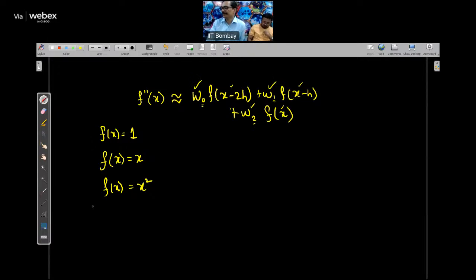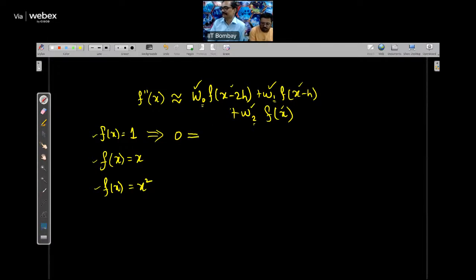Therefore, you need 3 equations that you will generate from these 3 cases. Assuming f is just a constant polynomial gives you 1 equation. Say, for instance, on the left-hand side it is 0. The method of undetermined coefficients says that when f is a polynomial of degree less than or equal to 2, this formula gives the exact result.